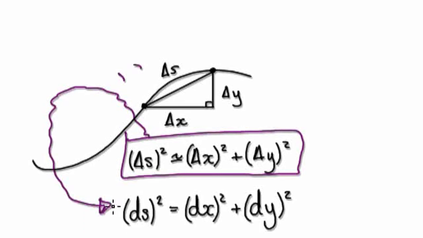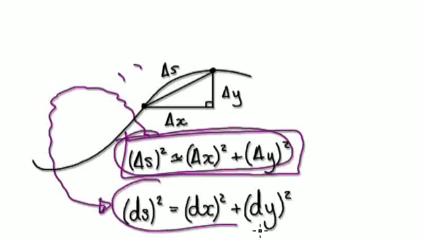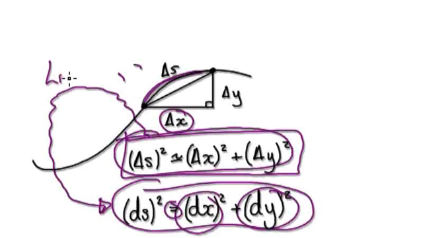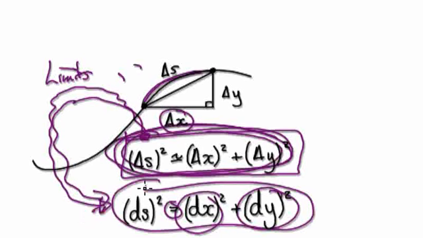Limits allow us to take it from this step to this step, because as you make delta x smaller and smaller and smaller, the length of the true path becomes equal to these two. So limits allow us to travel from here to here.